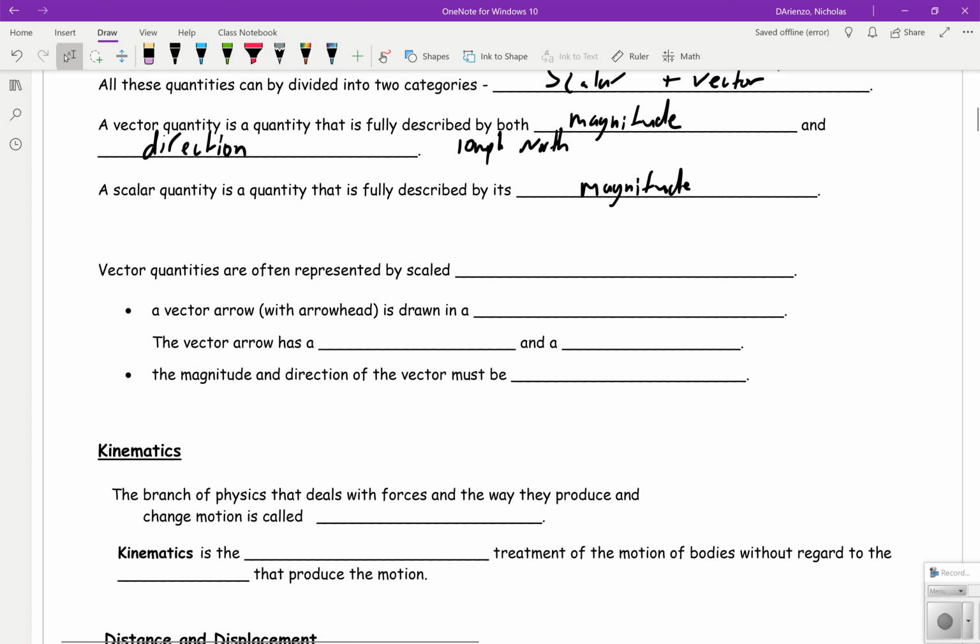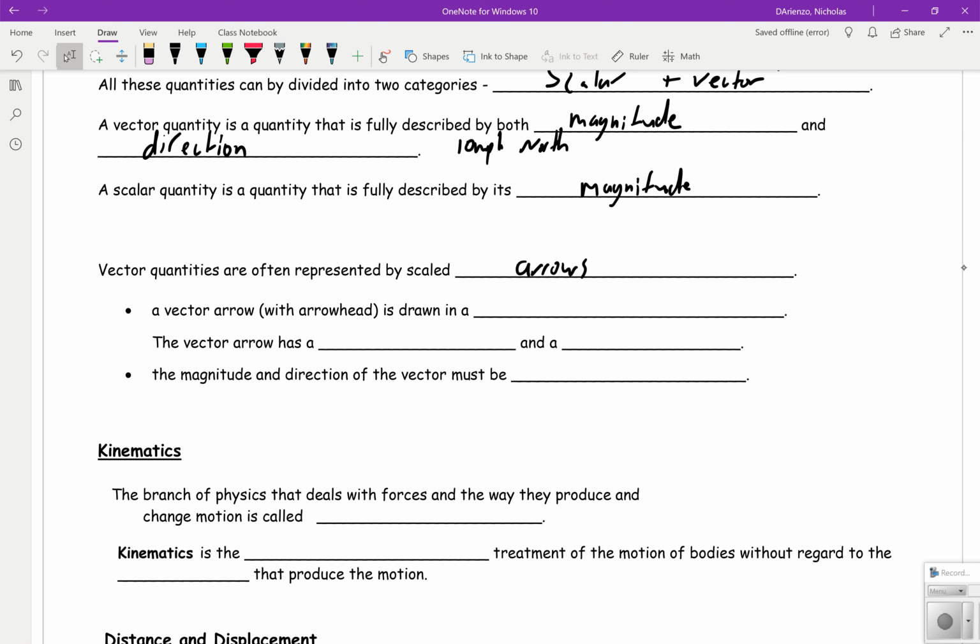As you'll see in your first lab this week, vector quantities are often represented by scaled arrows. You'll get some practice in lab completing scale drawings to work on skills for drawing scale diagrams using vector arrows.